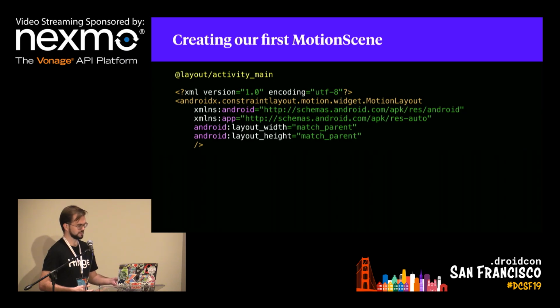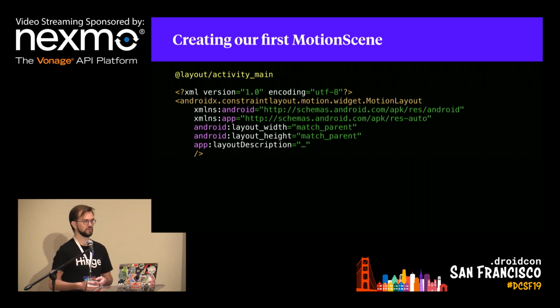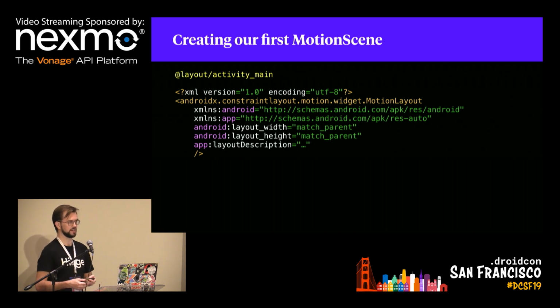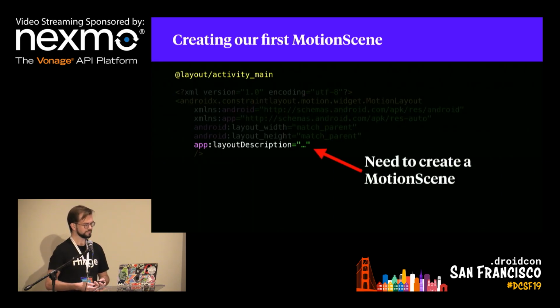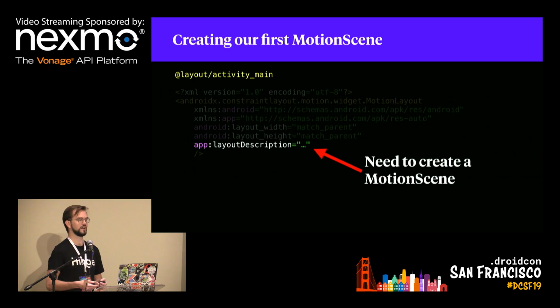Just throwing in activity_main a MotionLayout, and the very first thing the IDE will tell you with a little red squiggly line is that you need a layout description in order for this to be meaningful at all. Next up, you need to actually create a motion scene file for that layout description in order to refer to it.